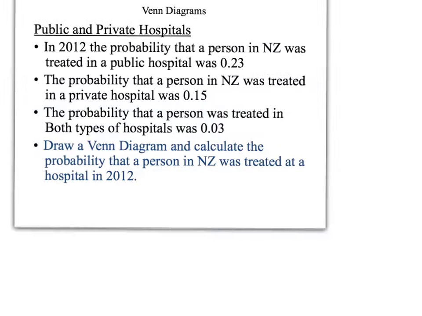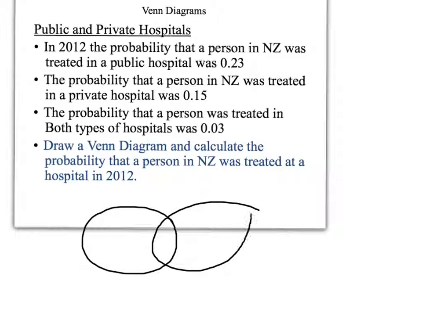Going on, another example, public and private hospitals. In this one, we've got just 2 circles, and we've got private hospitals. Let's label that private hospitals and public hospitals, and some people go to both hospitals.